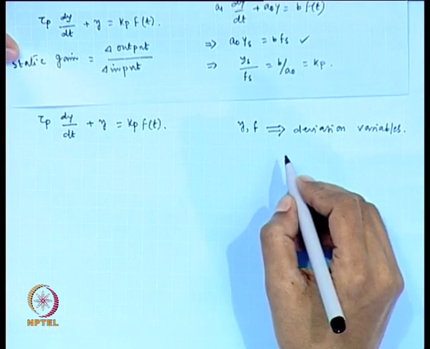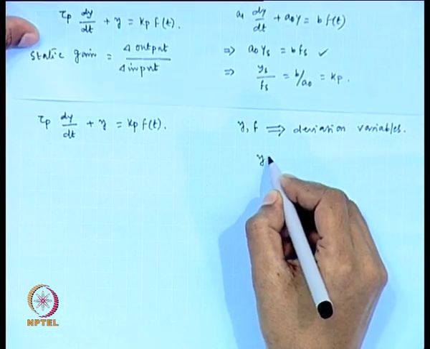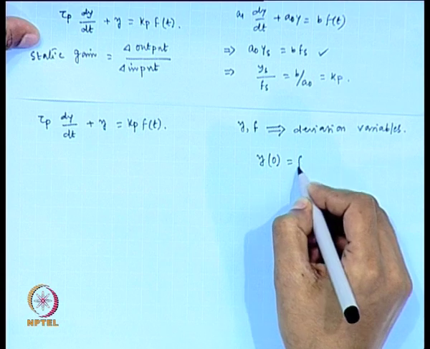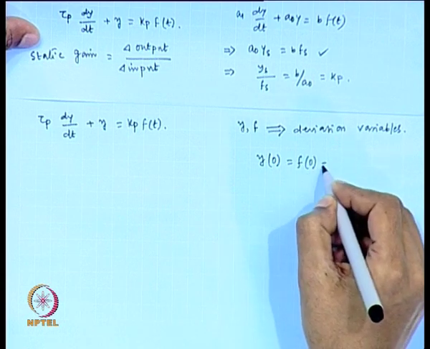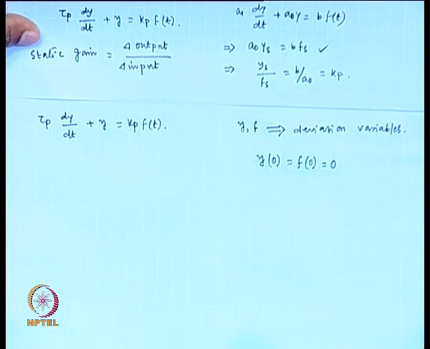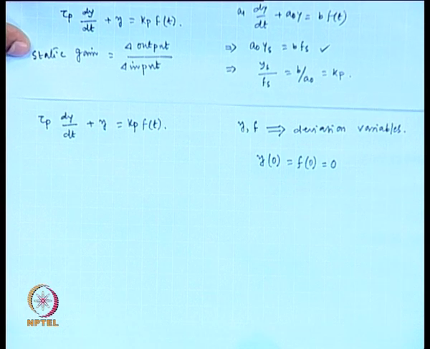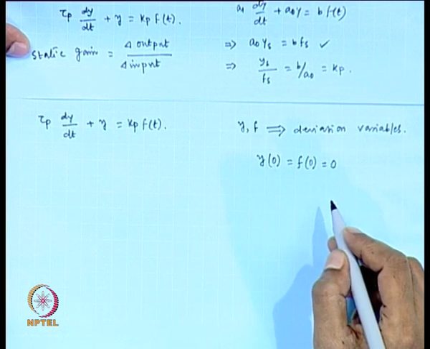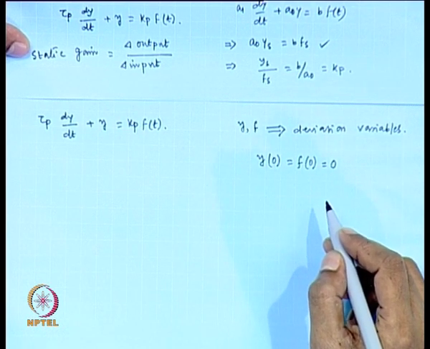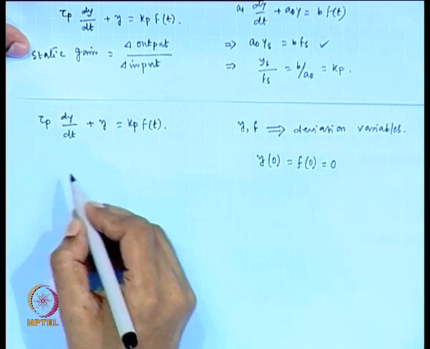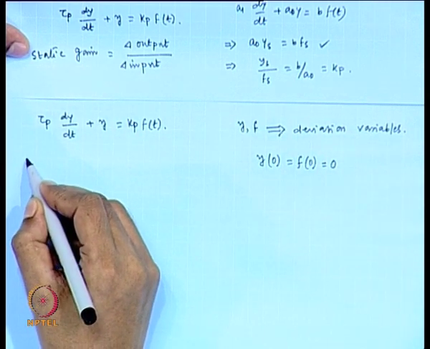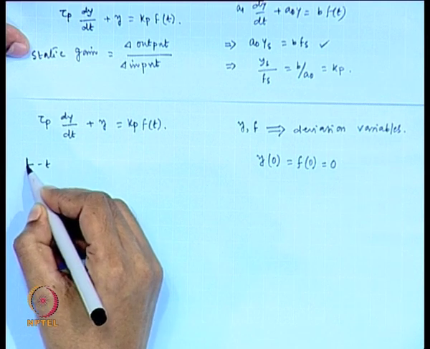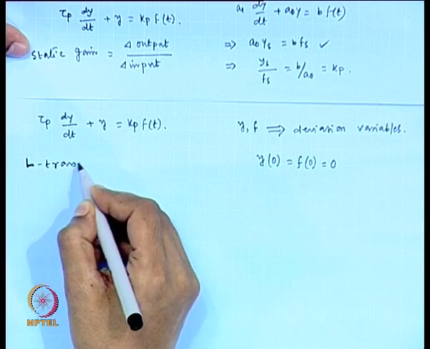That means y naught equal to f naught equal to 0. Can we write this? If y and f both are deviation variables, then we can write y naught and f naught both are 0. Now, we will take the Laplace transform of this.